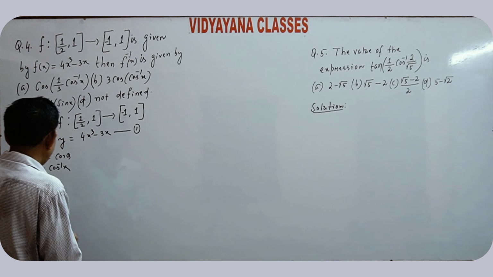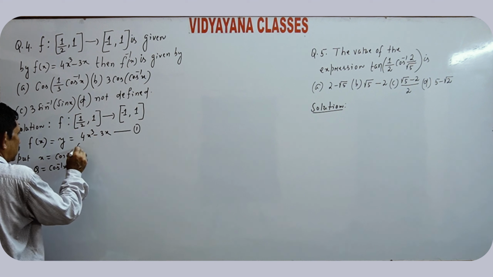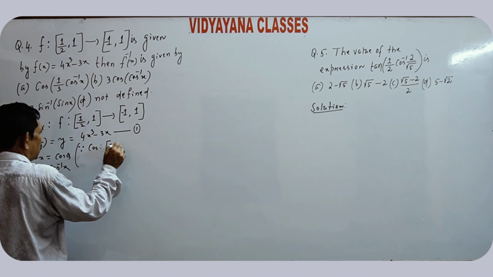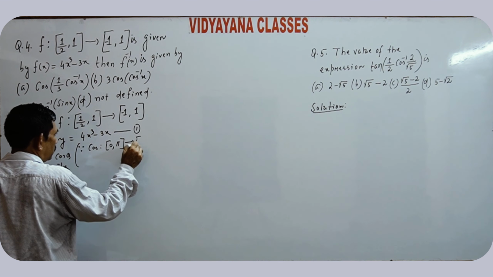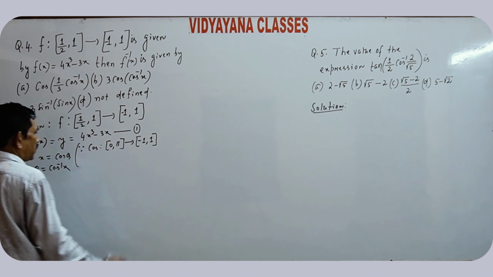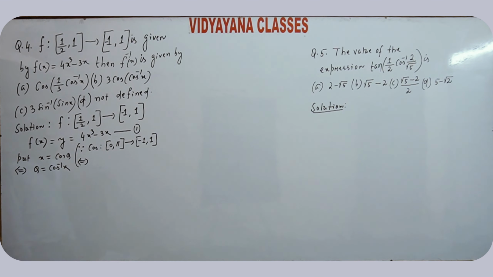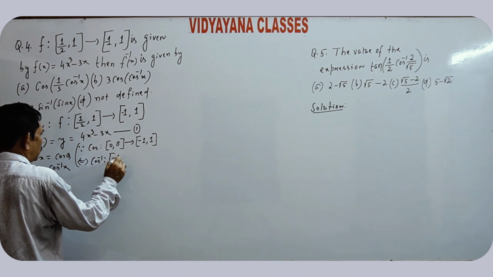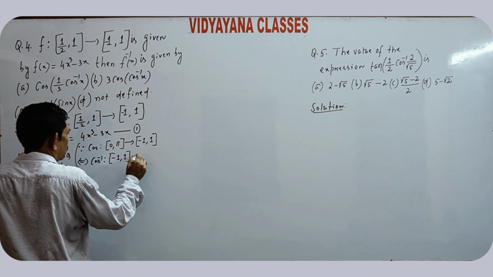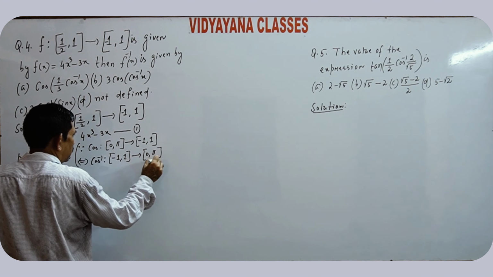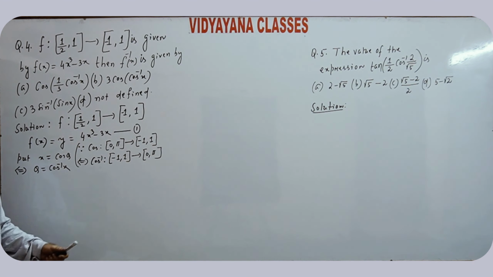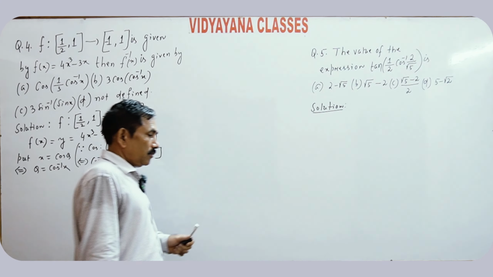Since cos is invertible in the interval, since cos maps closed 0, pi to closed minus 1, 1, it implies that cos inverse maps closed minus 1, 1 to closed 0, pi. In this interval, cos x is invertible.